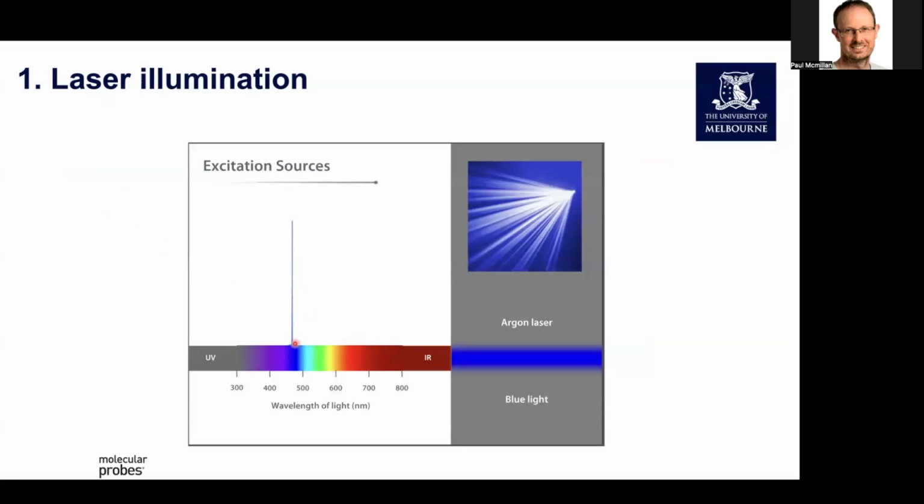So here's the example of maybe an argon laser showing excitation probably around the 490 mark. We're creating just that blue light that we would use to excite something like a GFP molecule.